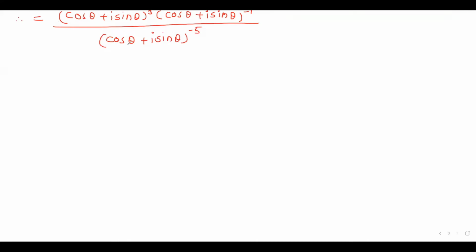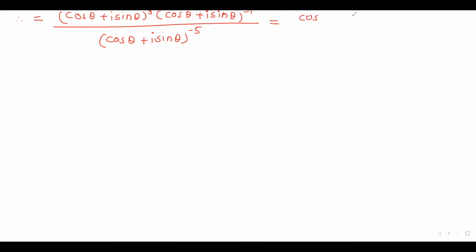Now simplify this. As you can see, here it is cos theta plus i sin theta, here also cos theta plus i sin theta, and here cos theta plus i sin theta raised to minus 1. Can I write by the law of indices, as bases are same, the indices must be added? 3 minus 1 will be 2.